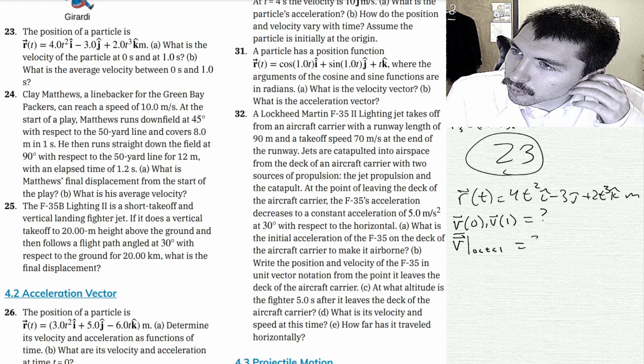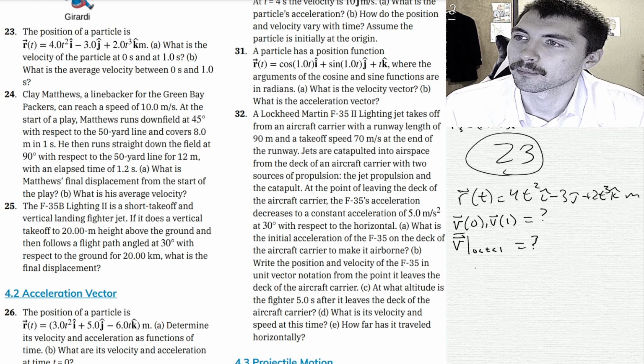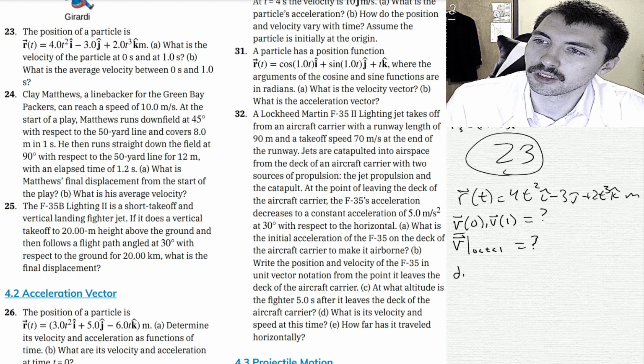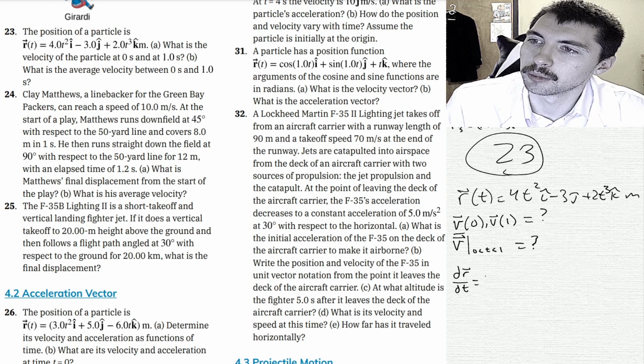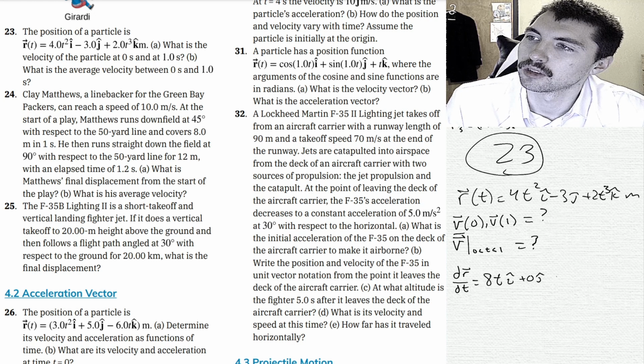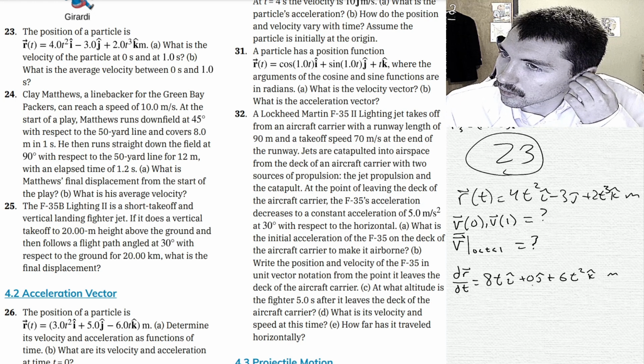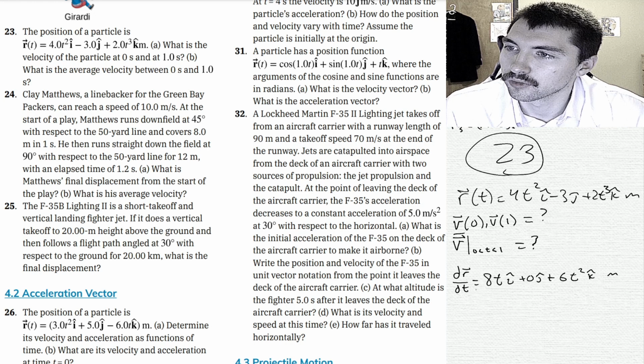So these are what we are finding. Okay, so dr is going to be 8t i plus 0 j plus 6t squared k meters. Okay, so now that's our v.